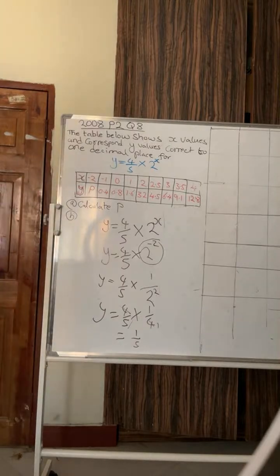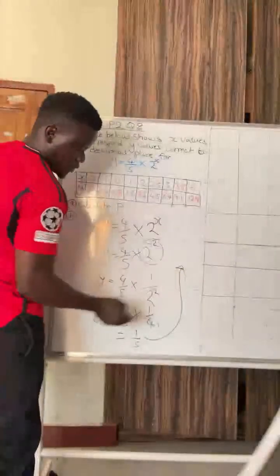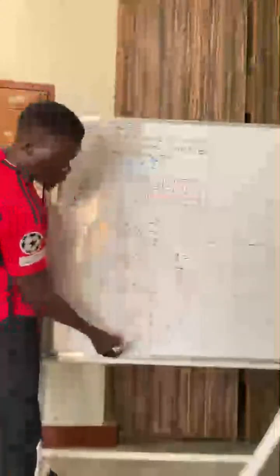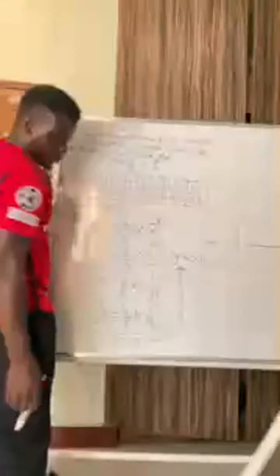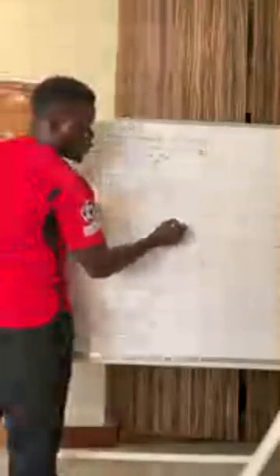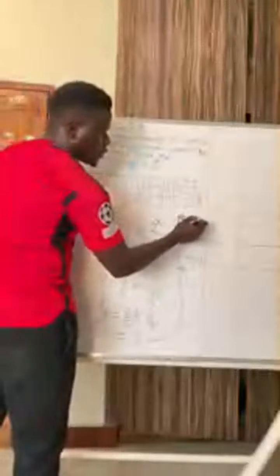Let's proceed and say y is equal to 1 divided by 5, which is equal to 0.2. Therefore, the value of p is equal to 0.2.